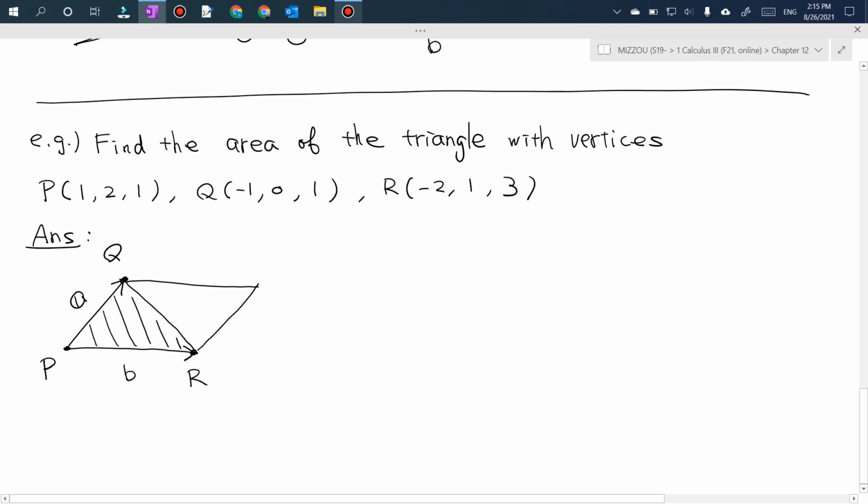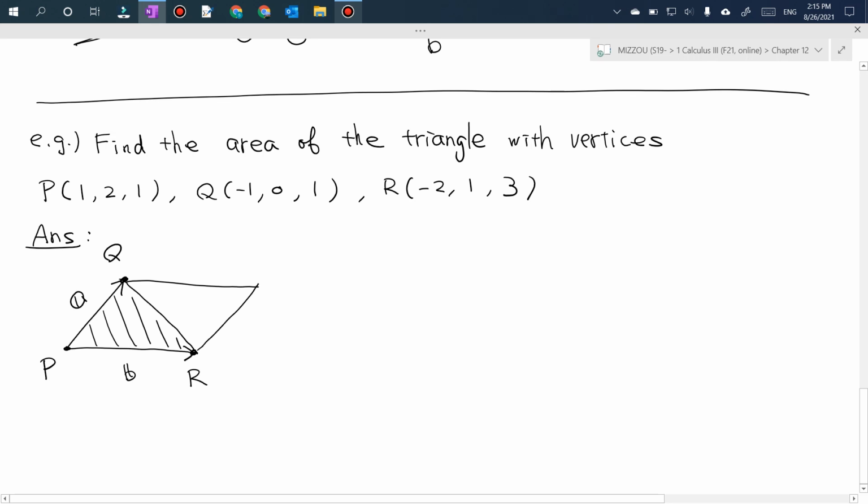So that means if we somehow compute A cross B and then compute the magnitude, that gives you the area of this parallelogram. So therefore, the area of the triangle is just half of it.